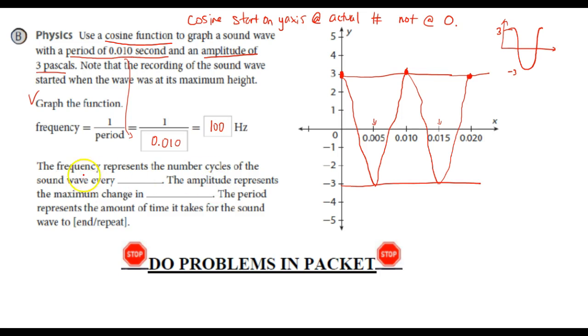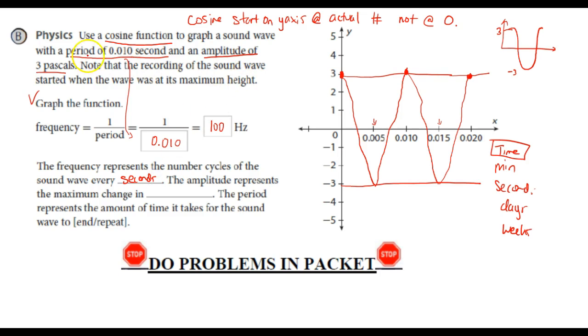Okay, so the next thing we're going to do is just give context. So the frequency represents the number of cycles of a sound wave every, well, are we measuring in minutes, seconds, days, weeks? What are we measuring time in? Seconds, right?